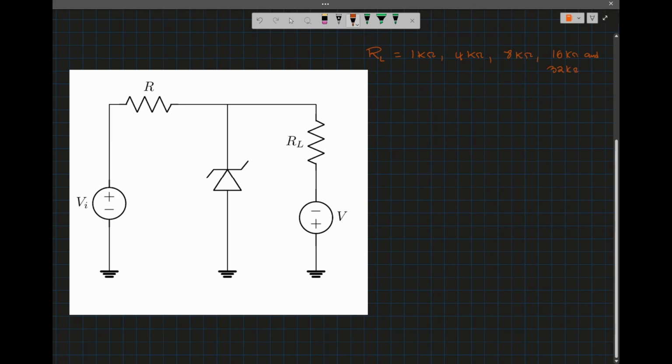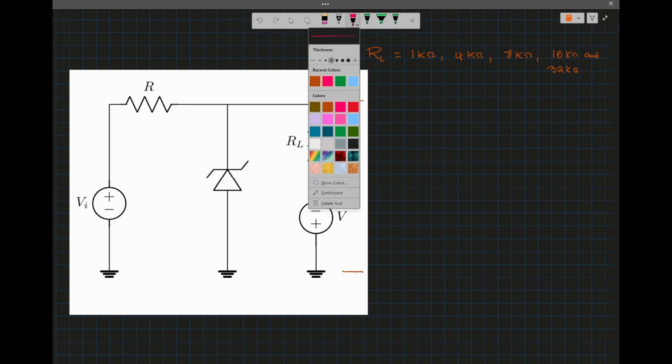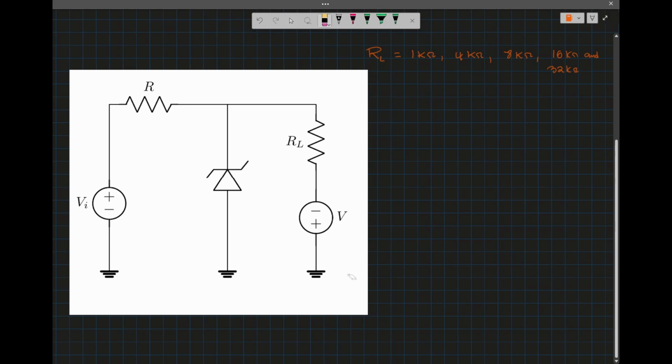For each of these load resistance values, we are going to compute the output voltage here, call it V0.